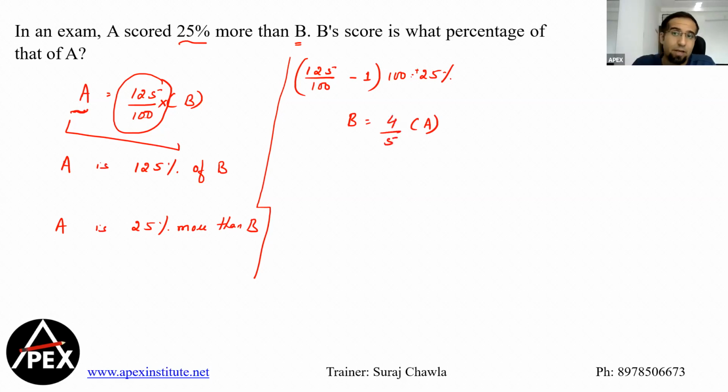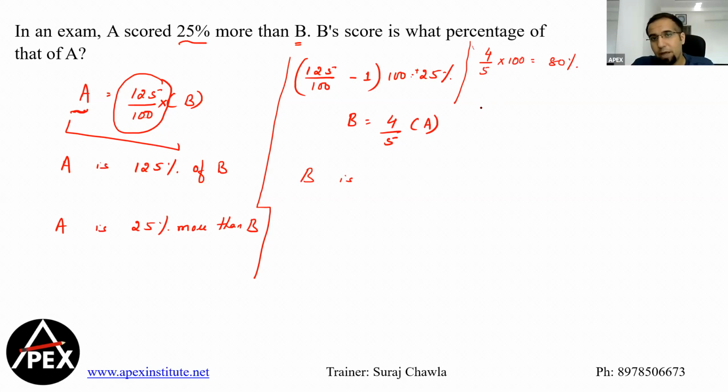Now let's see what I am commenting. Can you convert two things, guys? Can you convert 4 by 5 in terms of percentage? Conversion of 4 by 5 into percentage is multiplying by 100. That is equal to 80%. So I might say that B is 80% of A. We can comment on percentage more or less also.